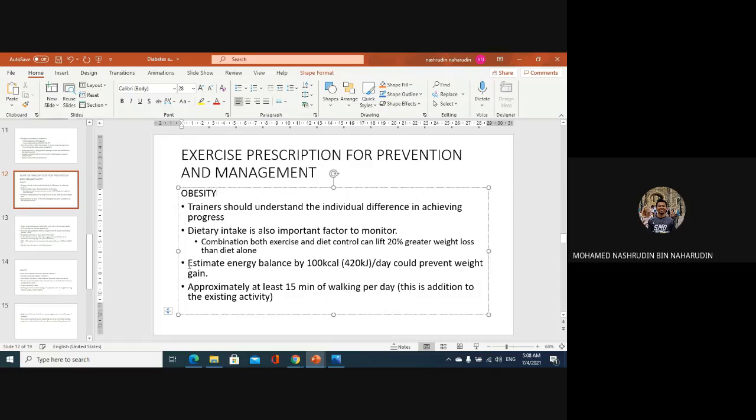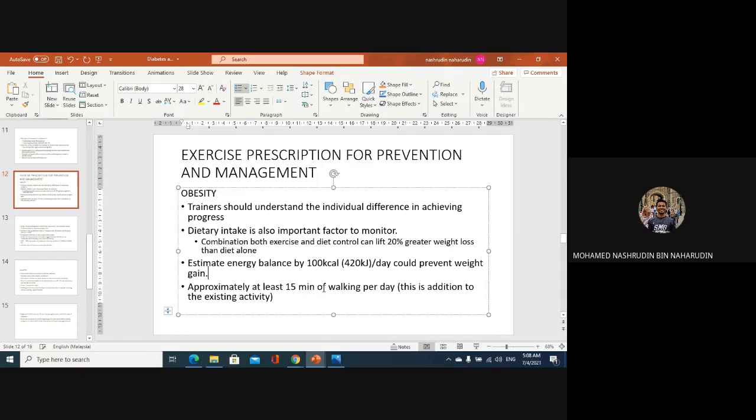If you notice both points, they touch on energy intake and also energy expenditure. In order for you to maintain that particular weight, you must not exceed 100 kilocalories. So the threshold is 100. Make sure one day to another doesn't exceed 100.